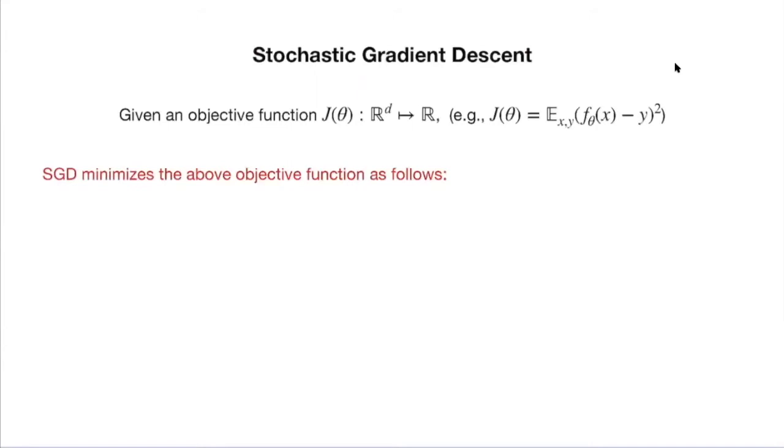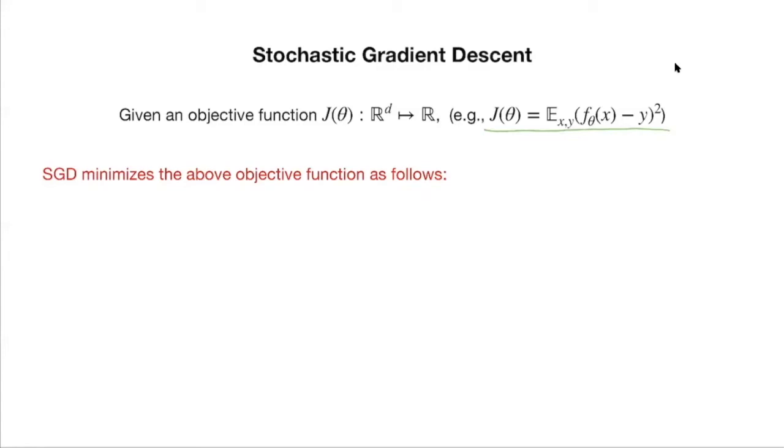Okay, so let's do SGD. For now, forget about reinforcement learning. Let's just try to optimize this objective function J(theta), which maps from a vector theta in d-dimensional space to a real number. Maybe this J(theta) can be written as a regression loss function, where I'm trying to regress from x to y, and my function is a square loss.